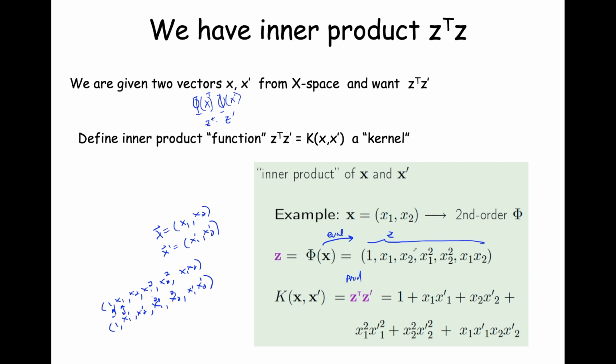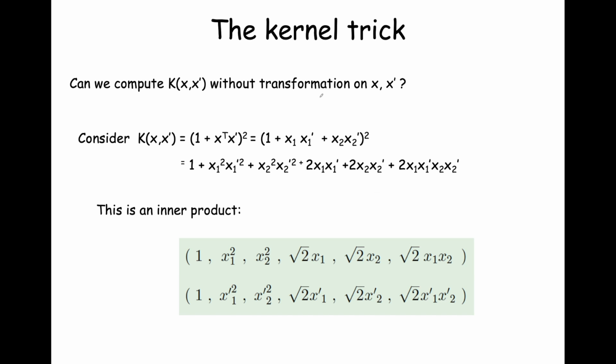Now, instead of doing that phi function transformation and then doing the inner product, we could actually compute this value directly. And let's take a look at how we might do this. Okay, so we can compute this kernel, K of x, x prime, without doing the phi transformation on x and x prime. We can do away with this transformation, but still get the same value as if we calculated this transformation and did the inner product in feature space.